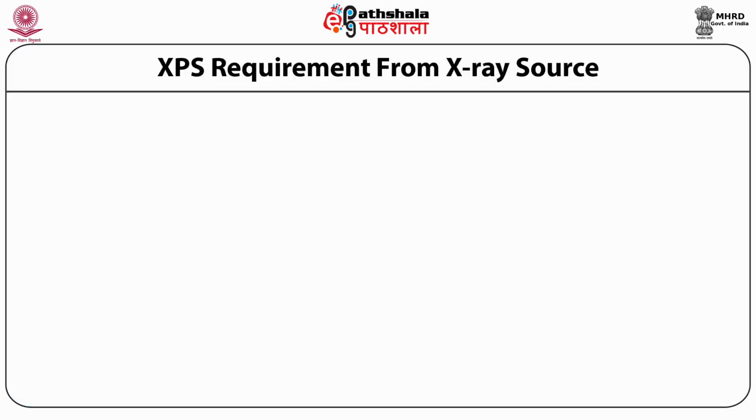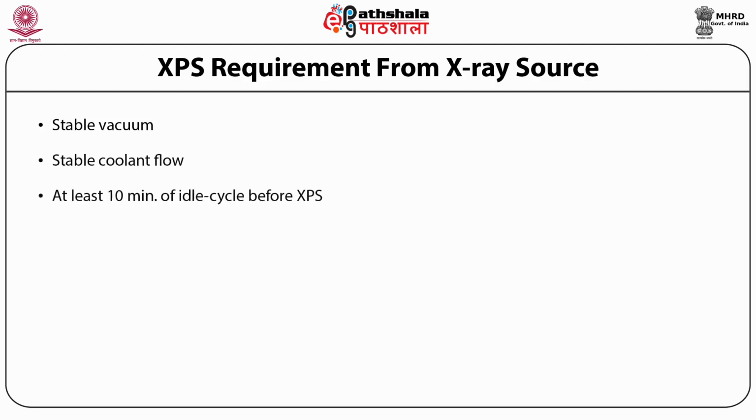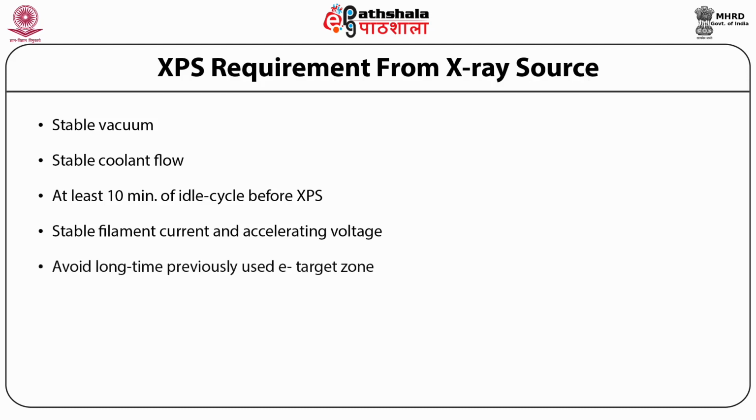Now, XPS requirements from the X-ray source. The requirement is it should have a stable vacuum. There should be a stable coolant flow, at least 10 minutes of idle cycle before the XPS experiment, stable filament current and accelerating voltage, avoid a long-time previously used electron target zone, always use the softest possible power mode for the X-ray source.